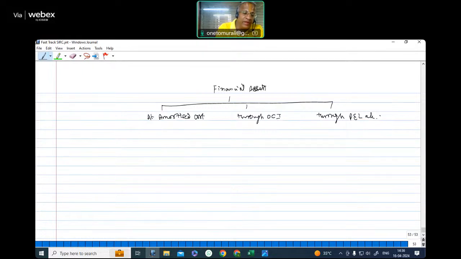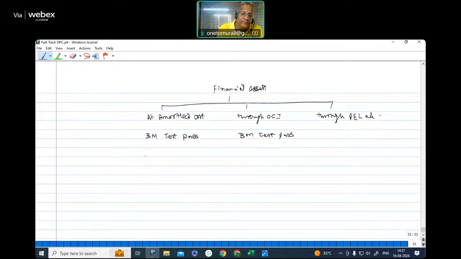So to classify financial assets at amortized cost, we have to follow the BM, business model test, pass is required.